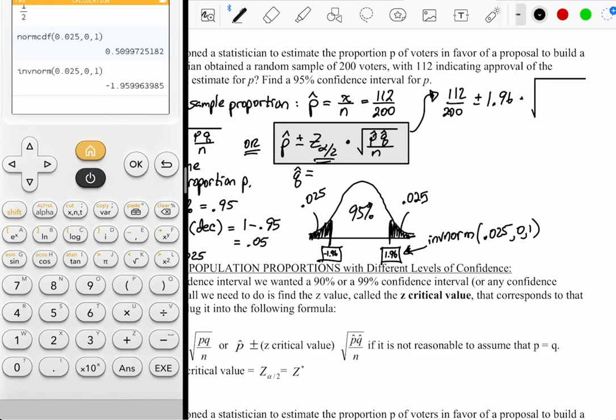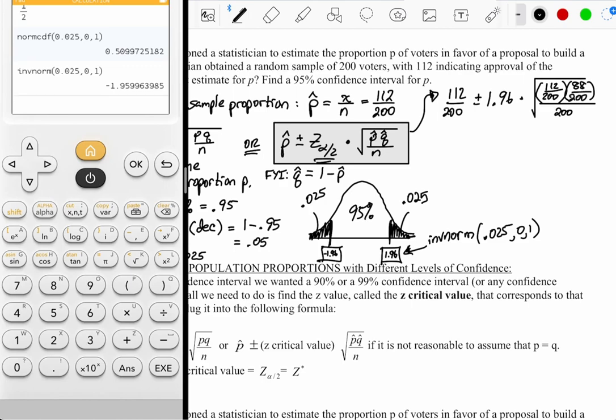Q hat is equal to 1 minus p hat. That's like a quick FYI. Right, so 112 over 200. And you could do 1 minus 112 over 200, but computationally it's not awful to just subtract 112 from 200. So 88 over 200.